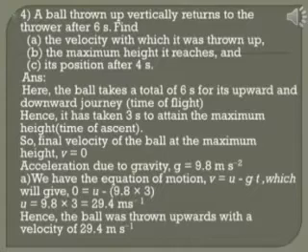We have to use the equation v is equal to u minus gt, because the ball was thrown up vertically. On substituting the values of v, g and t, we get u is equal to 9.8 into 3 is equal to 29.4 meter per second. Hence, the ball was thrown upwards with a velocity of 29.4 meter per second.